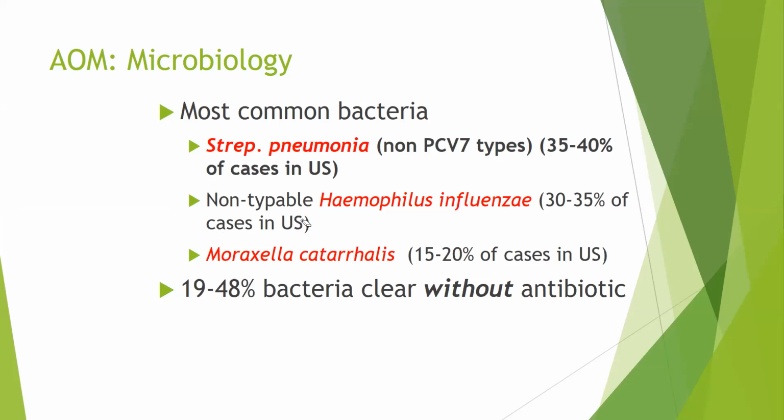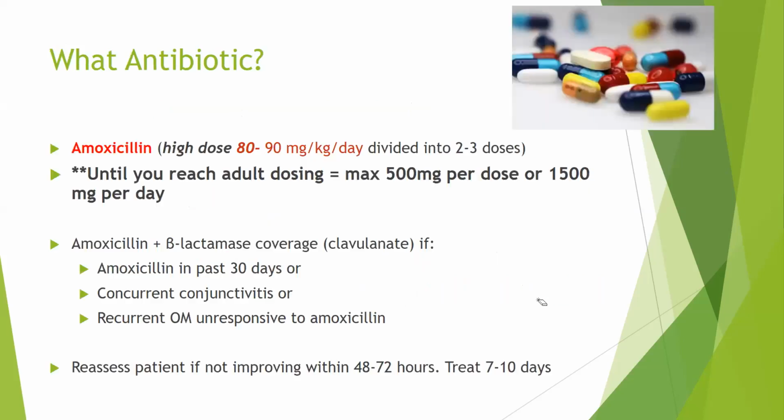So sometimes when we do an ear culture, there is a chocolate plate included, and then they can extract Haemophilus influenzae. And then Moraxella catarrhalis causes about 15 to 20%. So this is really interesting: 19 to 48% of these infections will clear with no antibiotics at all.